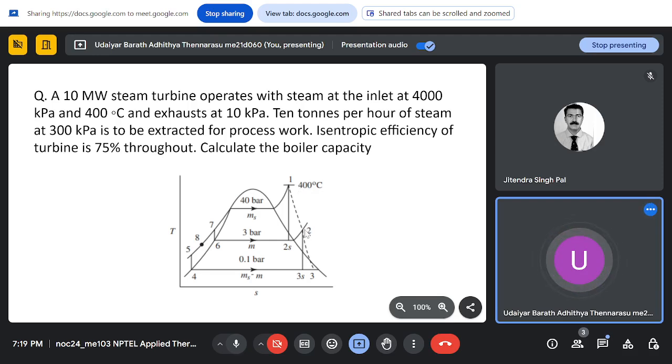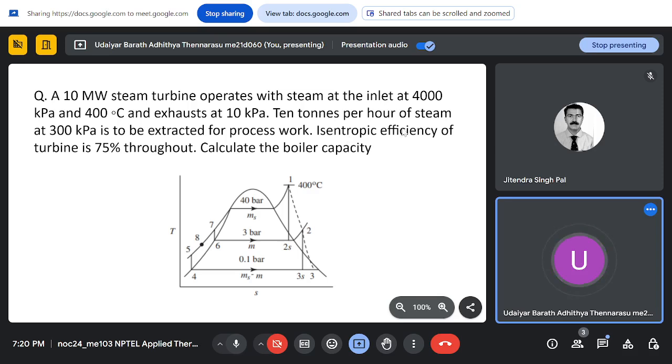From there you are taking some part of the steam for some other process work, which is not needed, but in a plant you take away some part of the steam for other processes. So here we have to calculate how much of it is used.